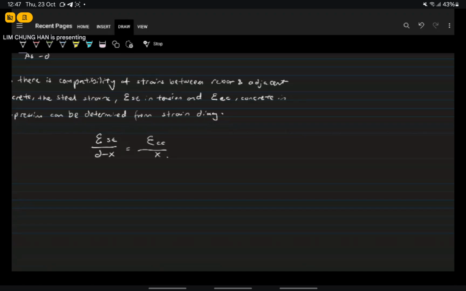On the left side is steel in tension. On the right side is the concrete in compression.